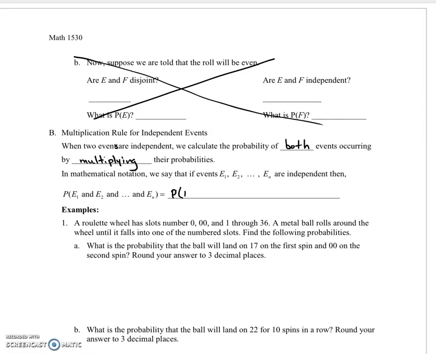So that's the probability that the first thing happened times the probability that the second thing happened times the probability of the third, etc., until we run out of the events that we've made.